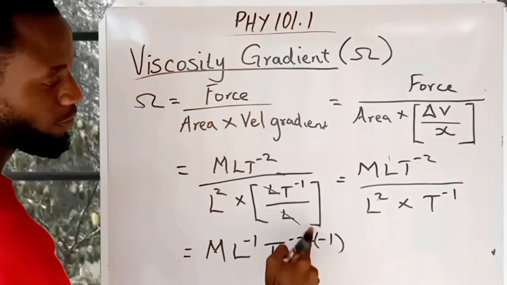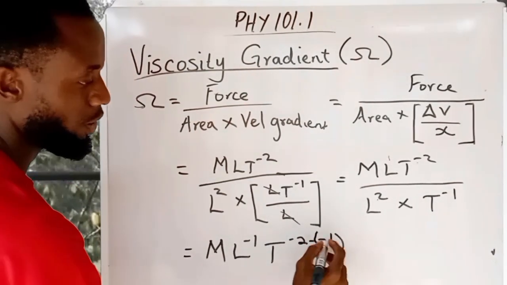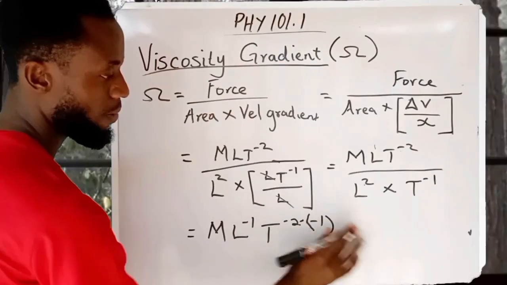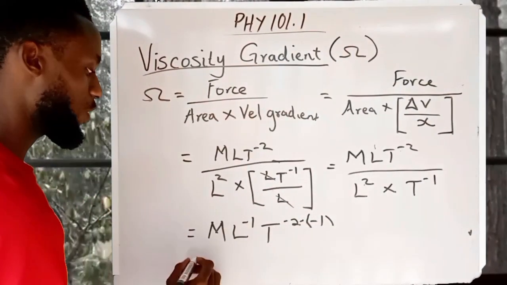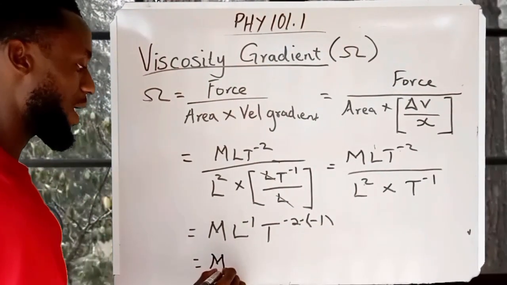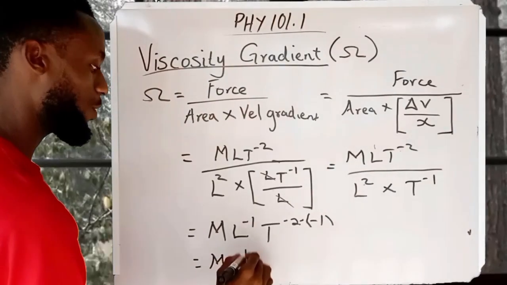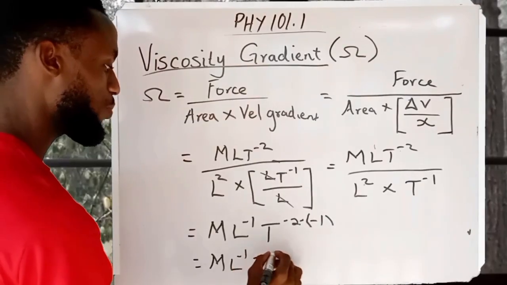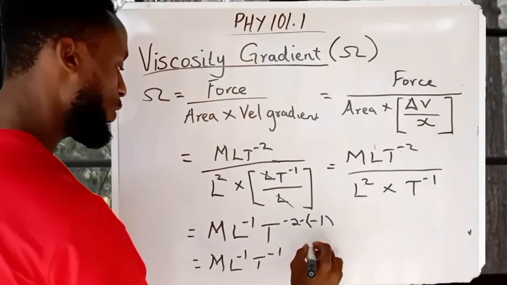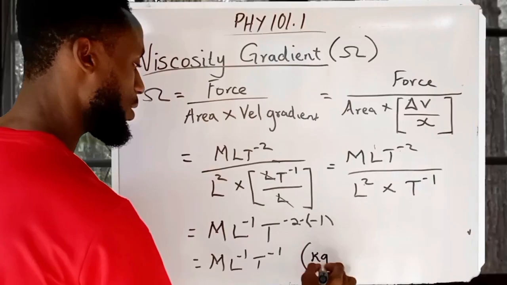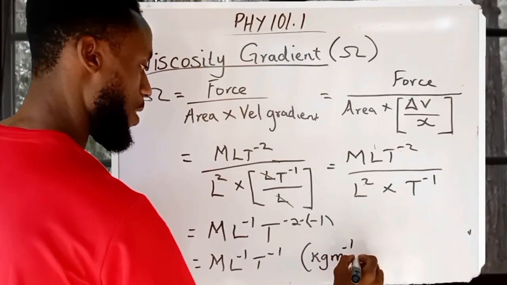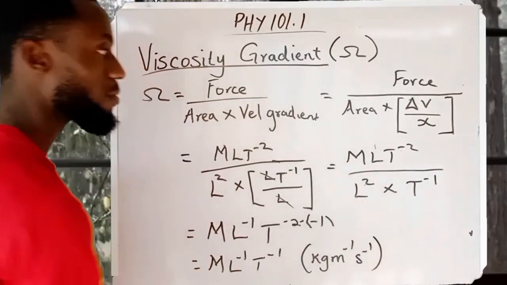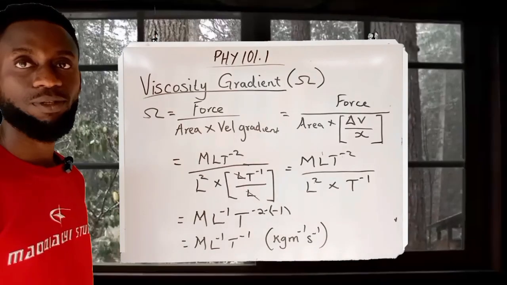You see that minus minus is going to change into plus in this case. So this finally becomes M L^-1, then minus 2 plus 1 becomes T raised to the power minus 1. So the unit is kilogram per meter per second. That is it for viscosity gradient.